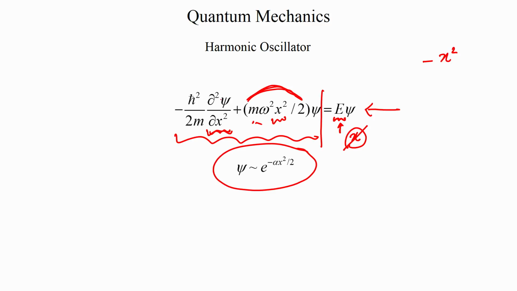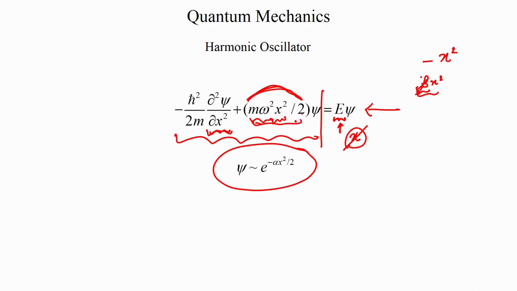So, what is the psi that I could use, so that if I take a second derivative, it would end up with a term which has an x square in it, some factor beta into x square, such that that beta would be equal to m omega square by 2, and therefore cancel off with the potential term here.